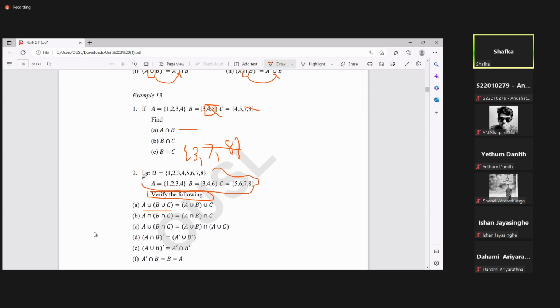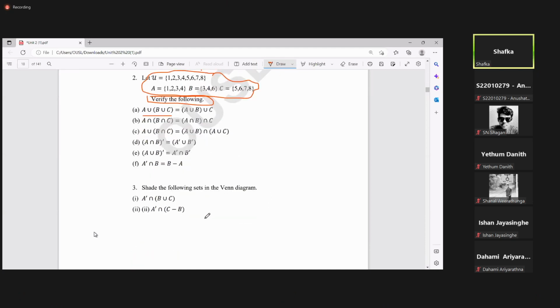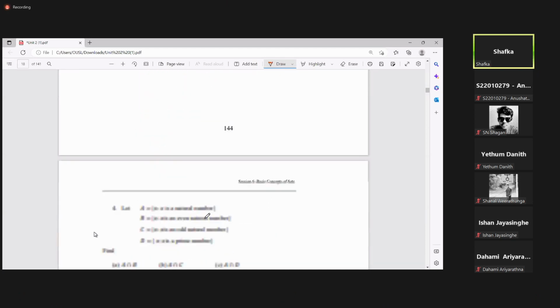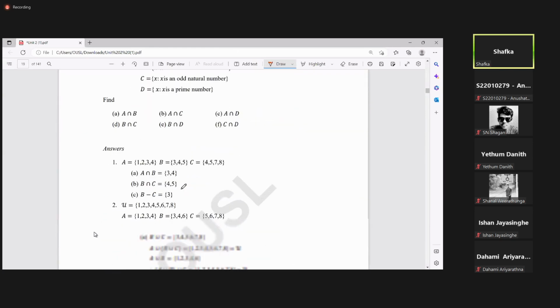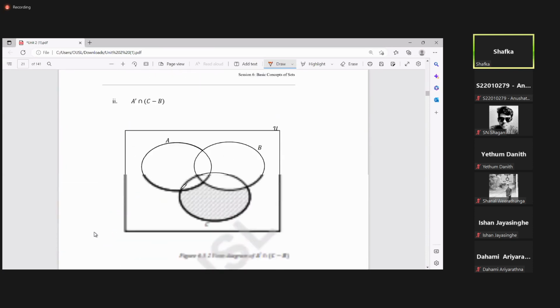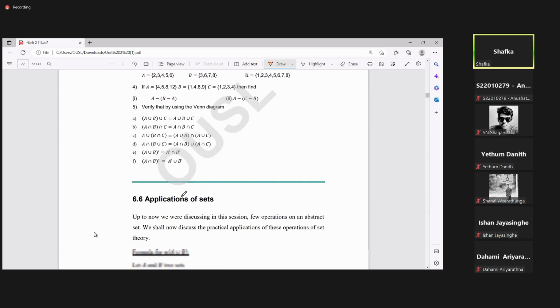The sets are defined, so using these only you have to verify, not with the rules. The shading part also, I hope you can do on your own. Please follow up all the questions. Then, application of sets.